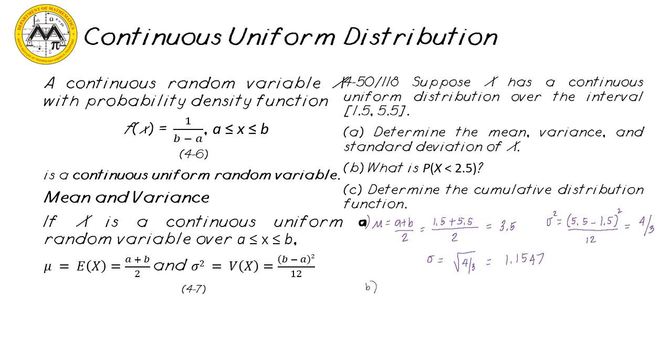For letter B, we want the probability of x less than 2.5. So the probability is the integral of 1 over 5.5 minus 1.5 dx. Less than 2.5 is from 1.5 to 2.5.